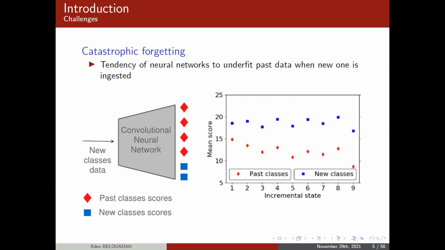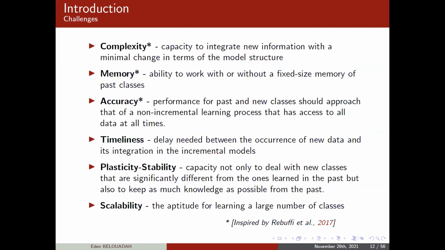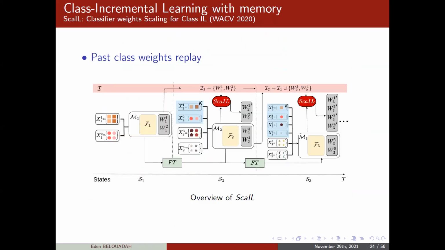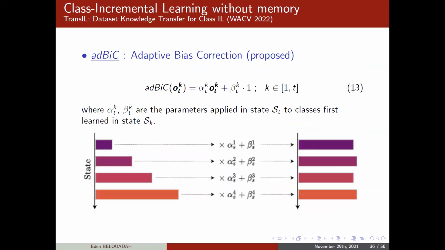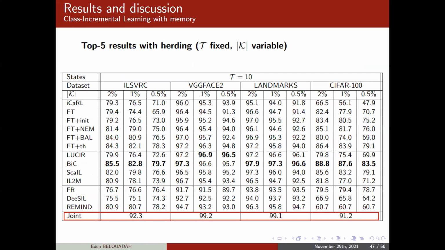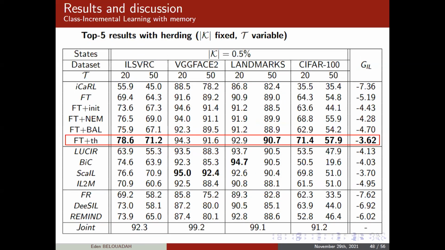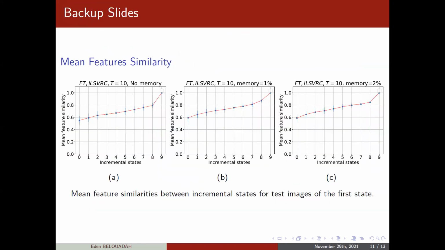And this is what we hypothesize in our methods, that the forgetting mainly appears in the classification layer. And here I will present, sorry, I will go until the end for the backup slide. Because in this experiment here, we try to see the mean feature similarities between the last states and all the states before.